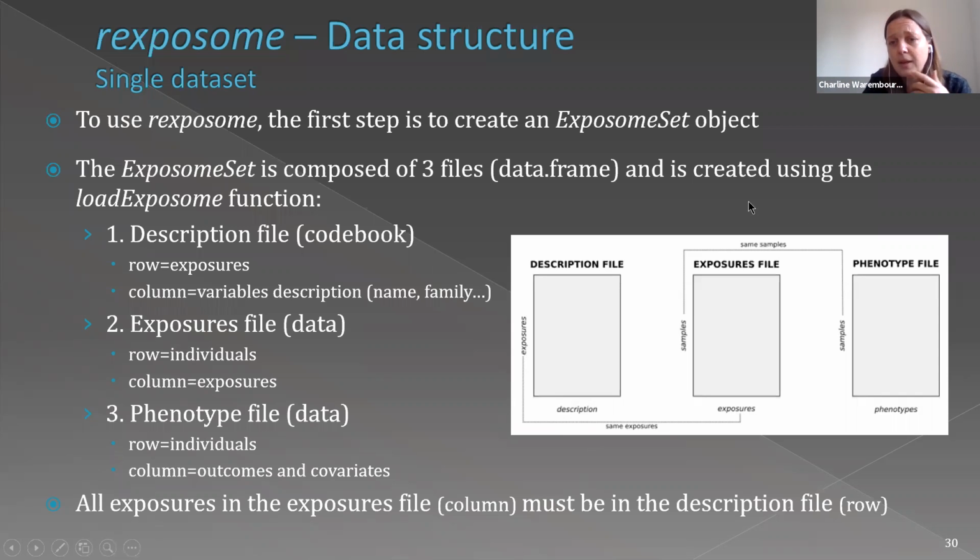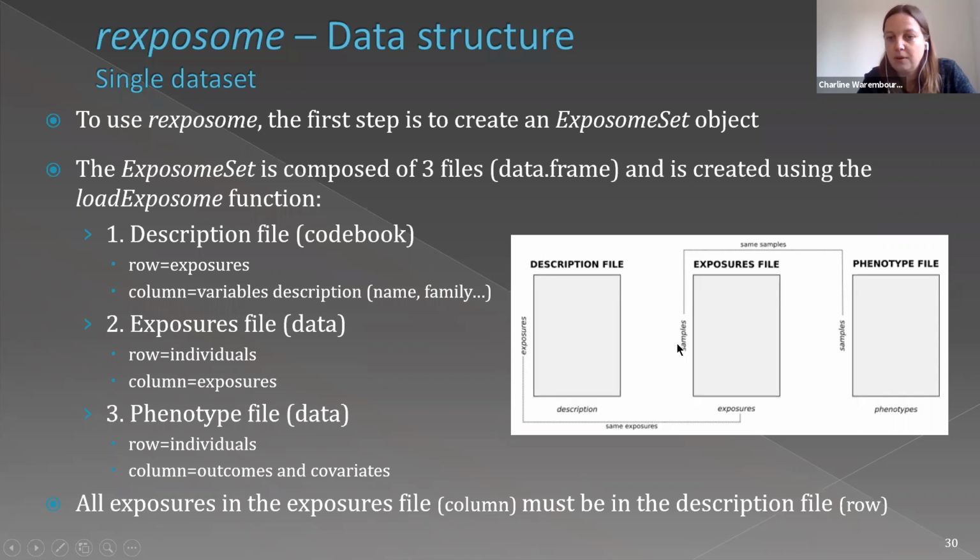Then you have a data set with all your exposure variables and a third data set with your outcome and covariates. An important thing to know is that all the exposures that you include in your exposure file, so the code names of your exposure file, must match with the variables you have included in the description file.